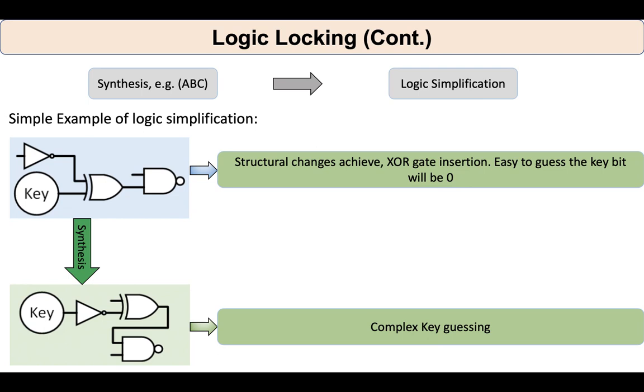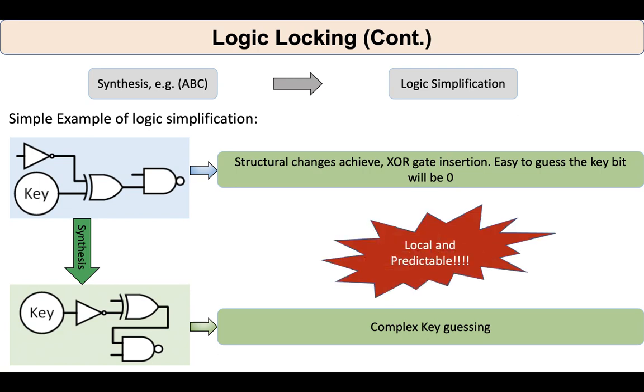Seemingly, it can be thought that an inverter is pushed up as a key gate. Still, there are some problems with the structural changes, and that is they are local and predictable. So next we will see some observations.